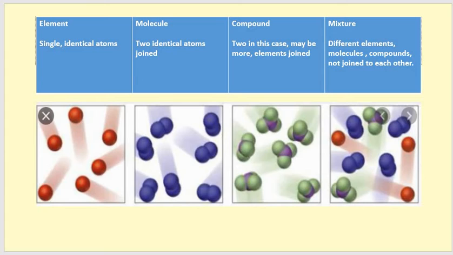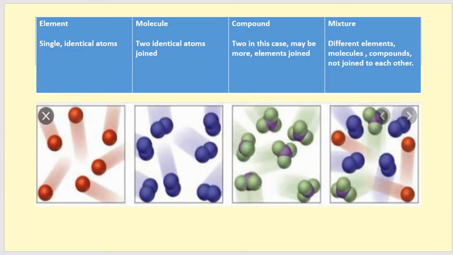So a compound has elements that are different from each other, 2 or more. So a compound, like a compound word, has 2 different words joined together. For example, the American word sidewalk, which means pavement. Side of the road, walk is what you do to it. That's compound.